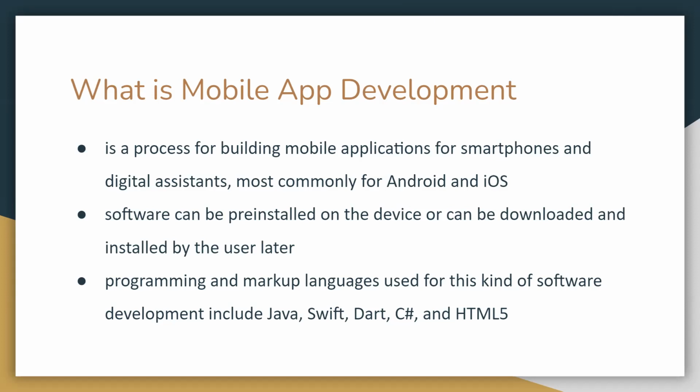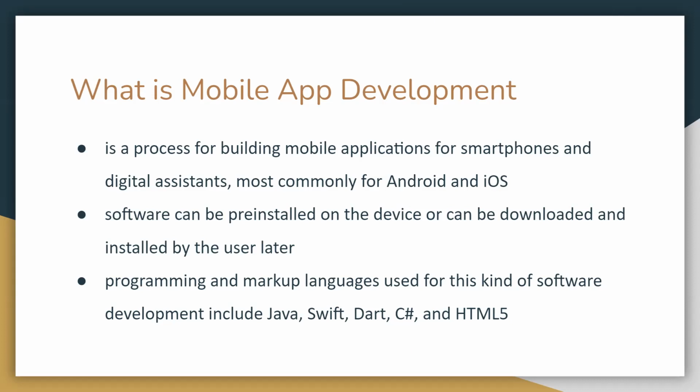Mobile is something you can move with, something that can be found in different places. So this application is mainly used in smartphones, something you can carry to different places.